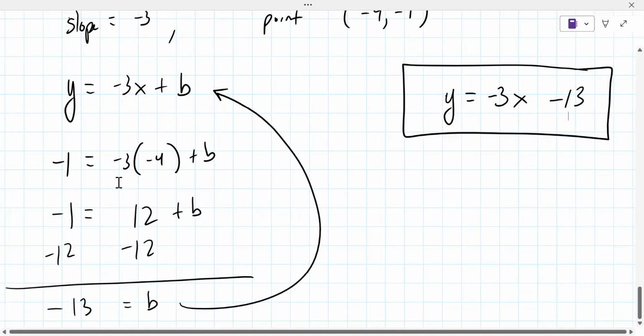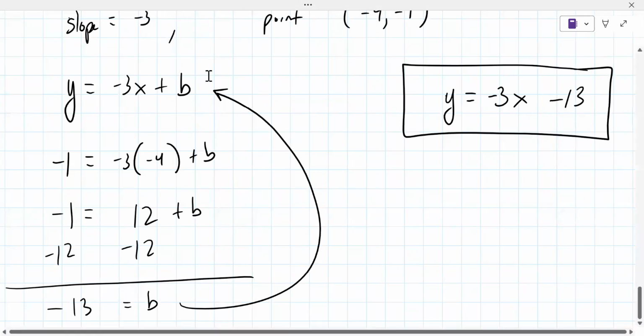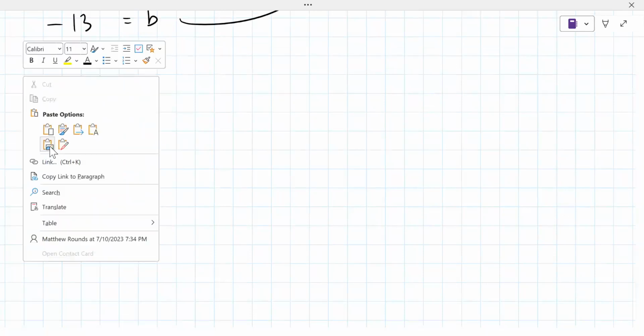Well, my guess is you wrote -12 and then you added 12 to both sides to get +11. Maybe I did add it. Okay. Because I wrote it down as -12.